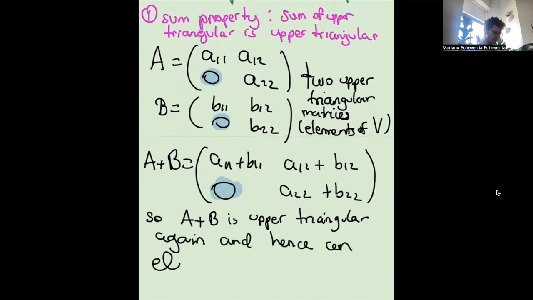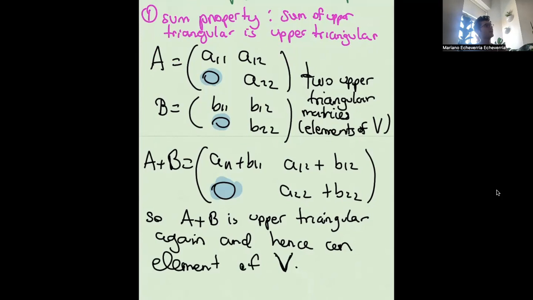Are there any questions about this up to this point? So I'm saying that if you took two upper triangular matrices and you add them together, you get a new upper triangular matrix, right?